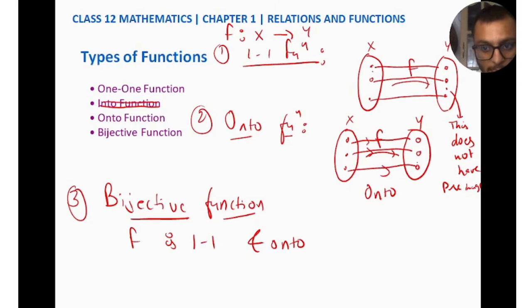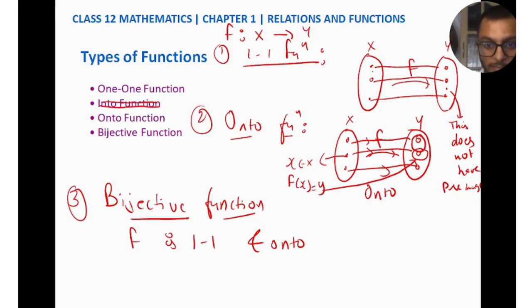If you are picking any arbitrary element from y, say this element, and if you are able to find x in X such that f of x is the y which we had picked, then our function is onto. But this should hold for every element we pick from y, not only one element. Here we have taken this element, then we have to take this element. For that also we should find its pre-image.